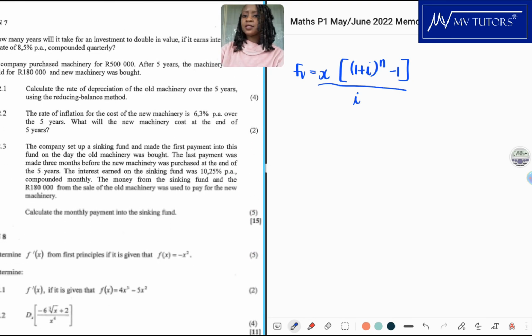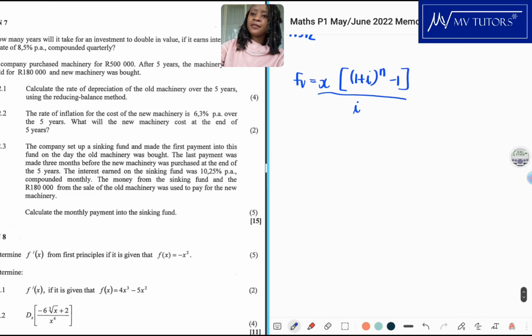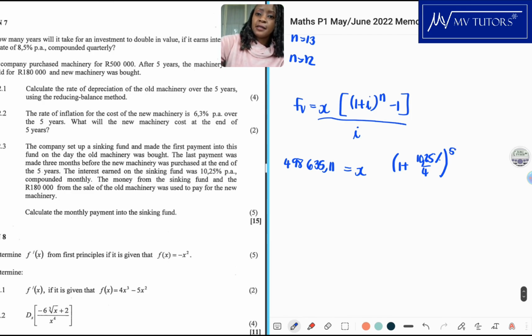So we know our future value amount was 498,635.11. We are looking for x. 1 plus 10.25% divided by 4. N is 58, and then we're subtracting 1, and then all over 10.25% over 4.